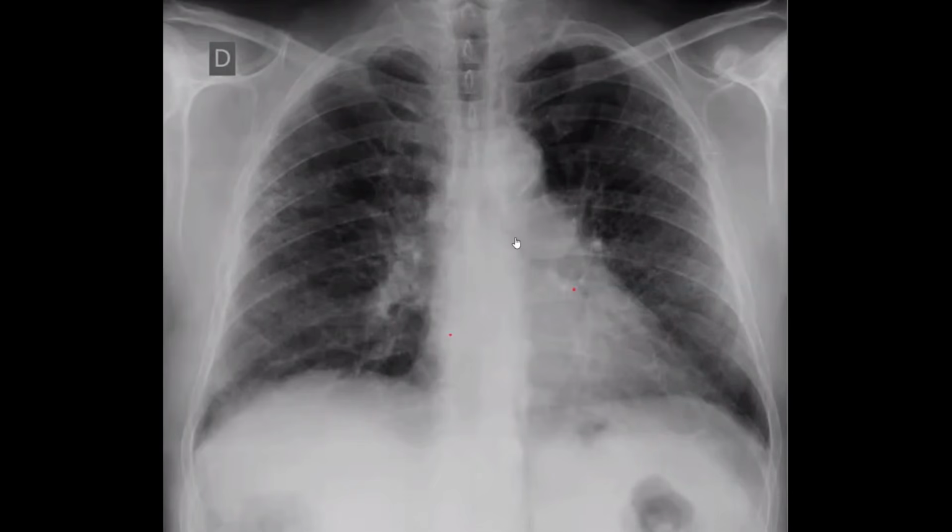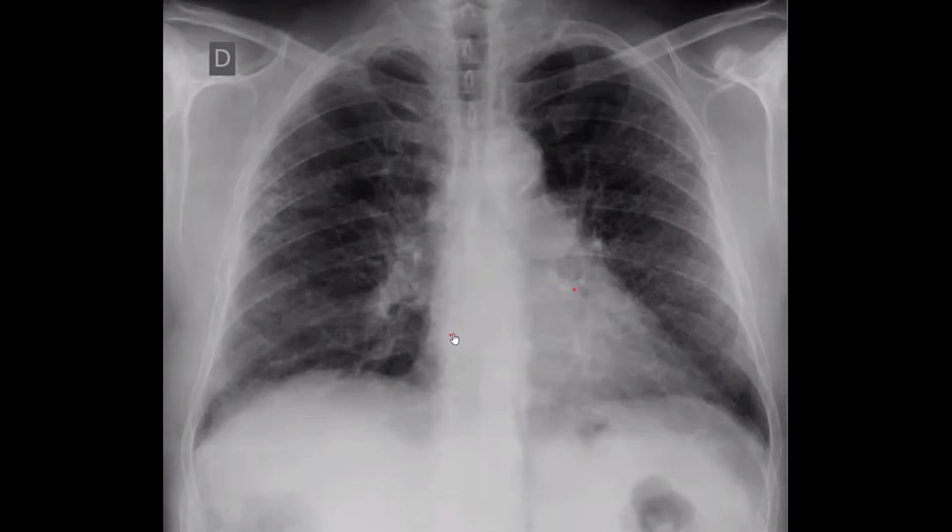Totally agree, and all the other structures are normal. The lung volumes also appear slightly reduced. So I'm thinking in the line of interstitial lung disease. It can be due to a usual interstitial pneumonia pattern.